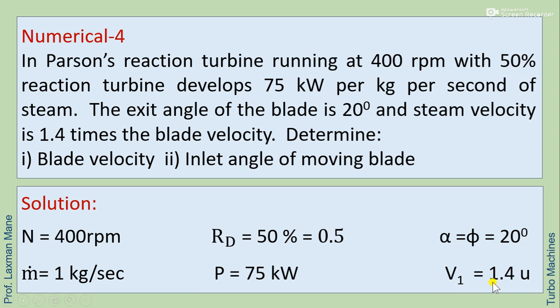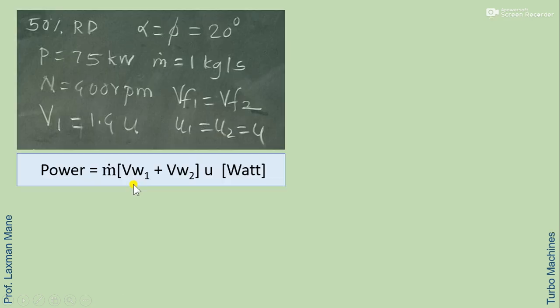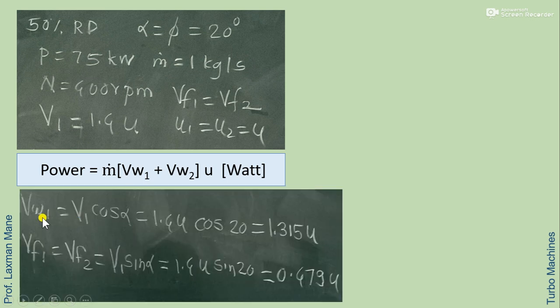Here V1 is equal to 1.4 times U. Now as per the statement over here, 75 kilowatt per kg per second means power is 75 kilowatt and mass flow rate is 1 kg per second. So first of all, by using trigonometric relation, finding the value of VW1, VF1.